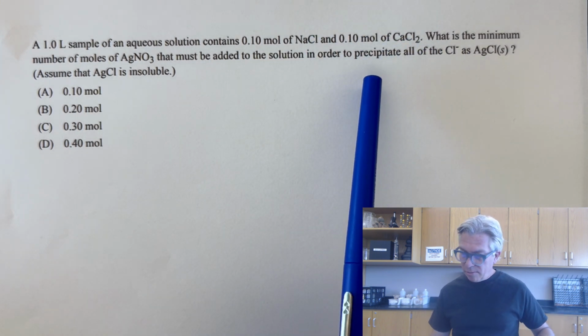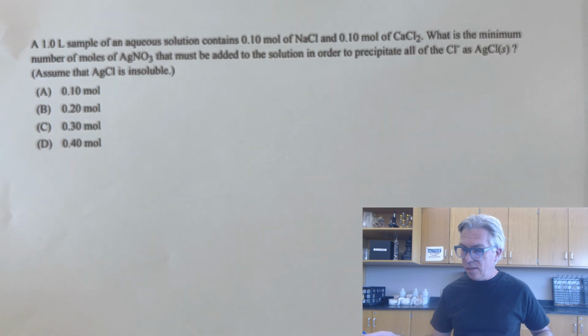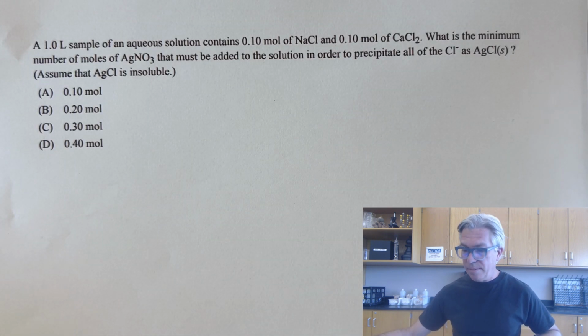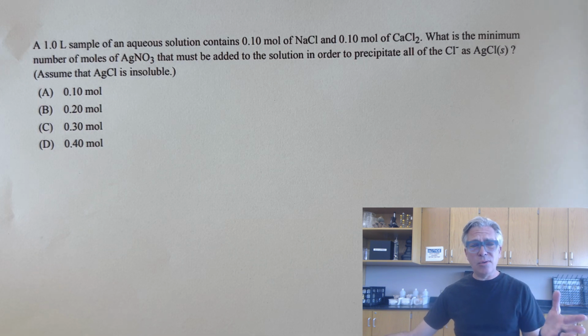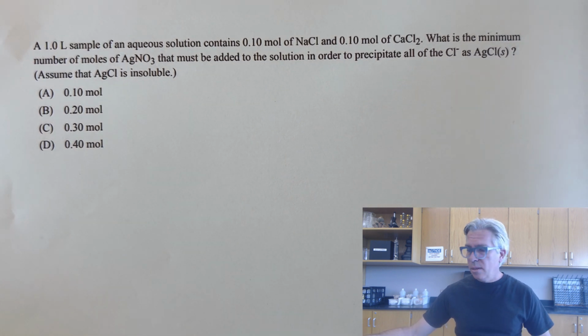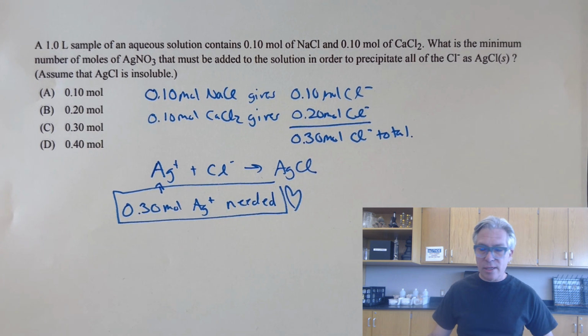What's the minimum number of moles of silver nitrate that must be added to the solution in order to precipitate all of the chloride as silver chloride? Take a moment and think about how you would do this and self-assess. Then I'll show you what I ended up doing. Hopefully you paused the video on that.